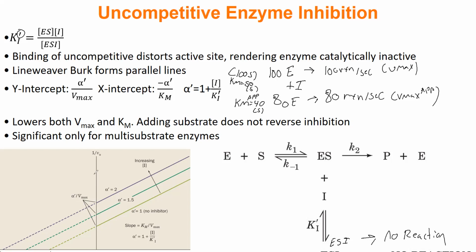So when something gets smaller, the inverse of that gets larger. So that's why it goes up, and it goes to the left for the Km. It gets bigger. And the alpha constant we have here is called alpha prime. So on uncompetitive, remember, that's always given the prime. And it affects both Km and Vmax, and you get parallel lines. So those are the big takeaways there.